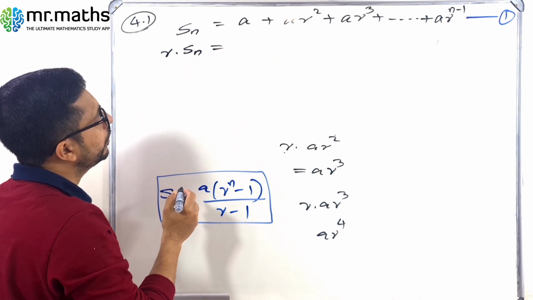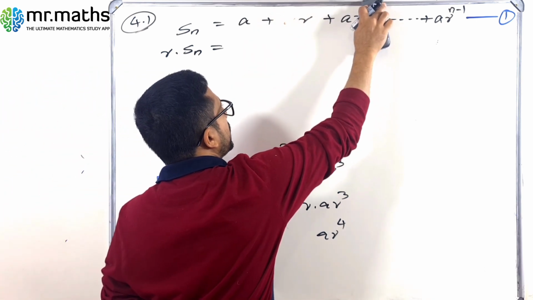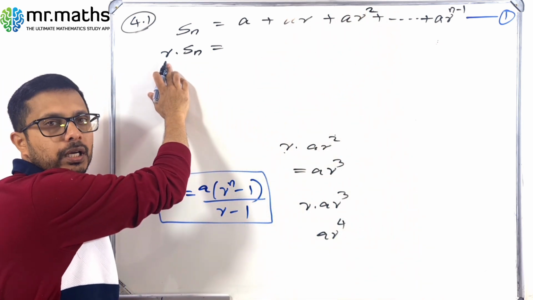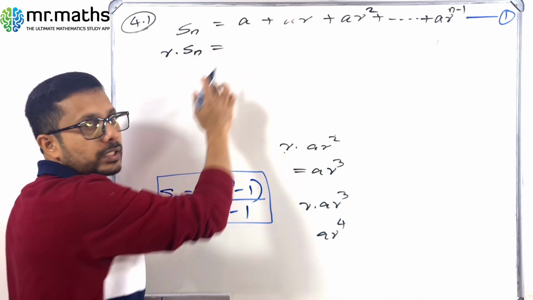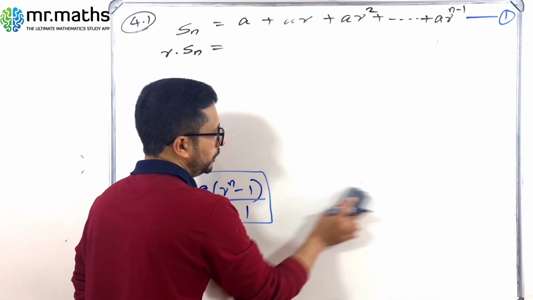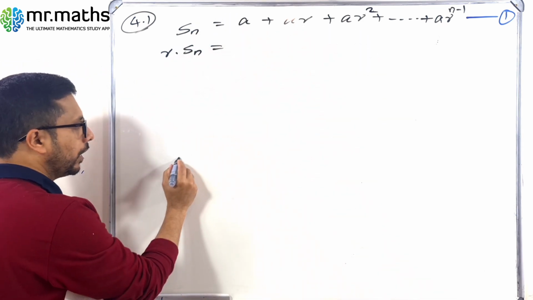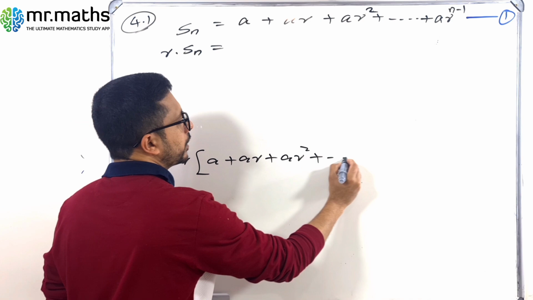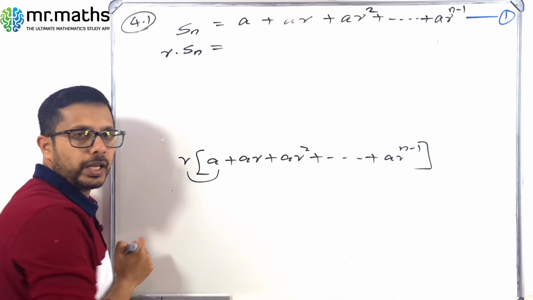So the whole right side I am supposed to multiply by r: r times (a plus ar plus ar squared plus etc. plus ar raised to n minus 1). r times a is ar.